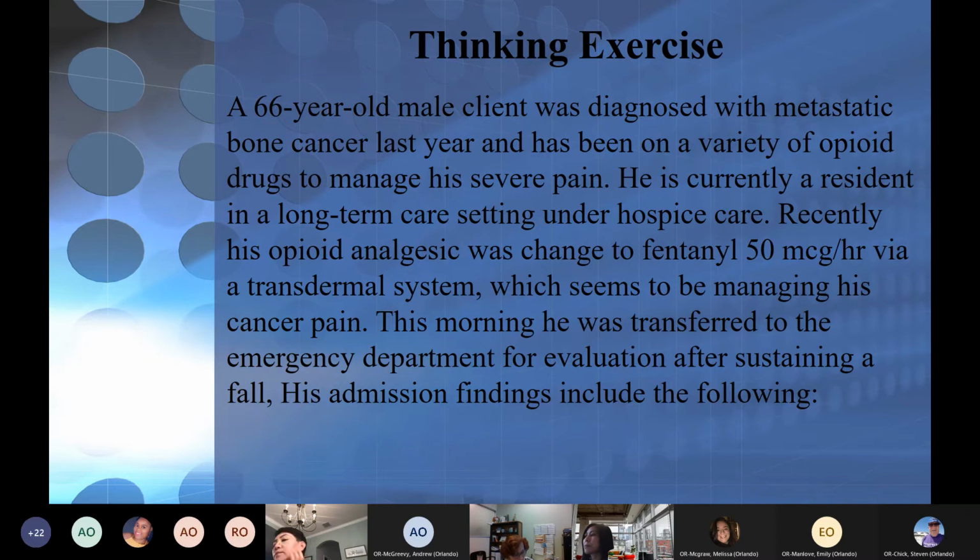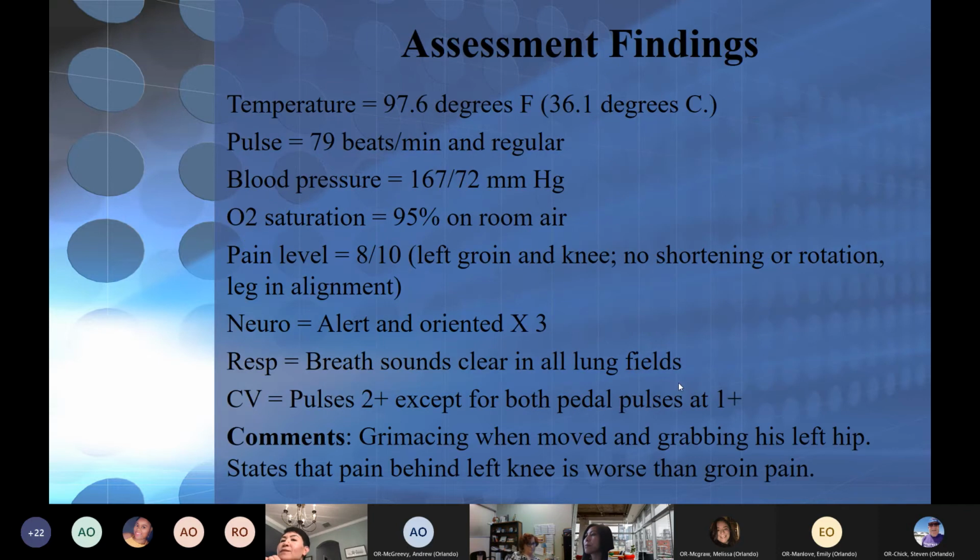Okay, so let's look at his assessment findings. Maggie, would you read these? Assessment findings: temperature is 97.6 degrees. Pulse is 79 beats per minute and regular. Blood pressure is 167 over 72 millimeters of mercury. O2 saturation is 95% on room air. Pain level is 8 out of 10.